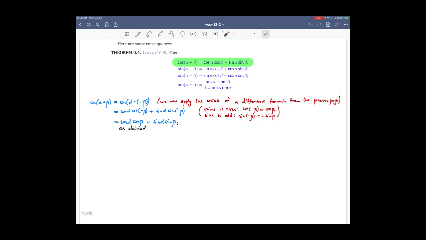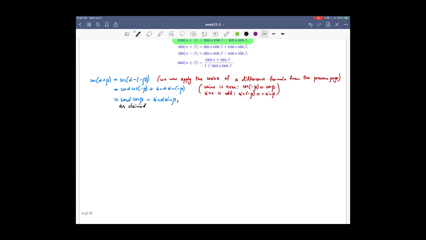How do we deal with these two formulas, sine alpha plus beta, sine alpha minus beta? Well, using the co-function identity, every sine can be expressed as a cosine, because sine of alpha plus beta is nothing but cosine of pi over 2 minus alpha plus beta.